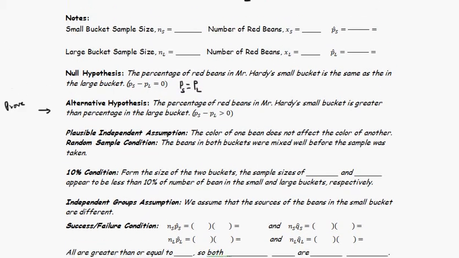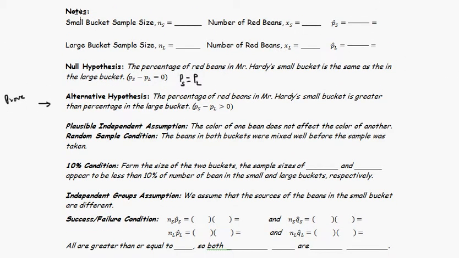Now, in 7th block, we took a sample, and here are the numbers we got. We took a sample in class, and we had 676 in the total sample, with 309 red beans. So our sample statistic was 309 divided by 676, and that turned out to be 0.457. This is our observed value for the sample in the small bucket.